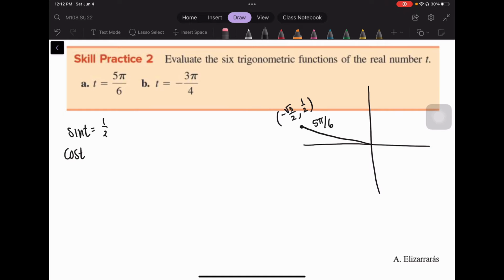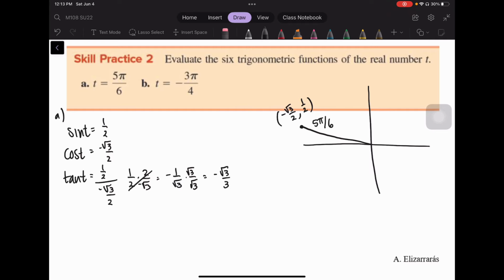The cosine is equal to the x value. The tangent is equal to the y value over the x value. I'm going to multiply by the reciprocal, which is negative 1 over root 3, always rationalizing. The tangent is then negative root 3 over 3.